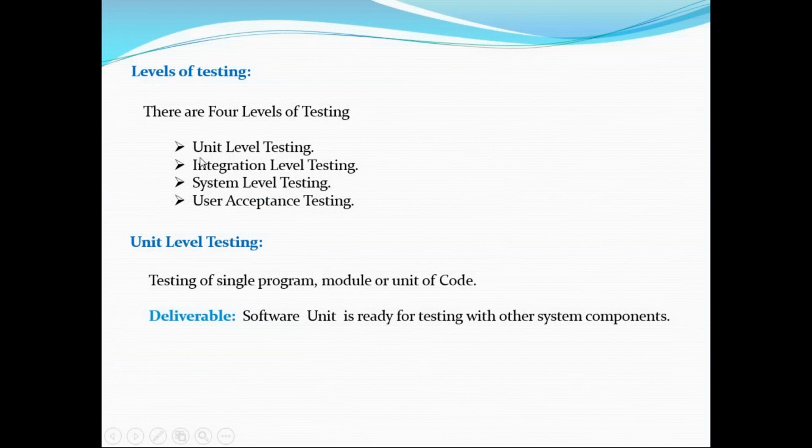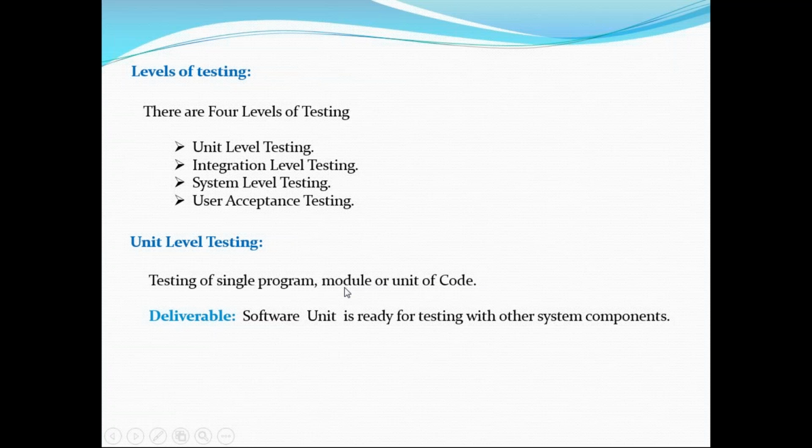That we can call unit level testing. Unit level means testing a single program or a module or a unit of the code. That kind of testing we call unit level testing. Understanding, right? Is it clear? What is unit level testing? Testing of a single program, the code the developer has written, you need to test that code.